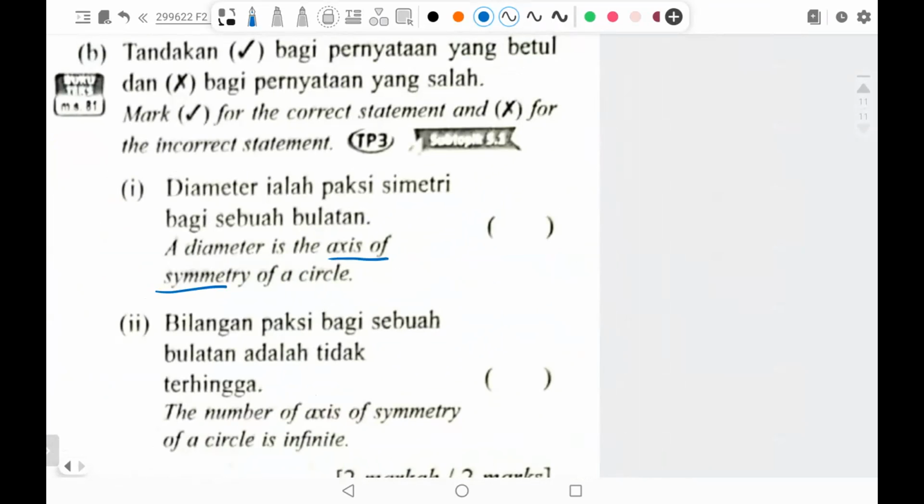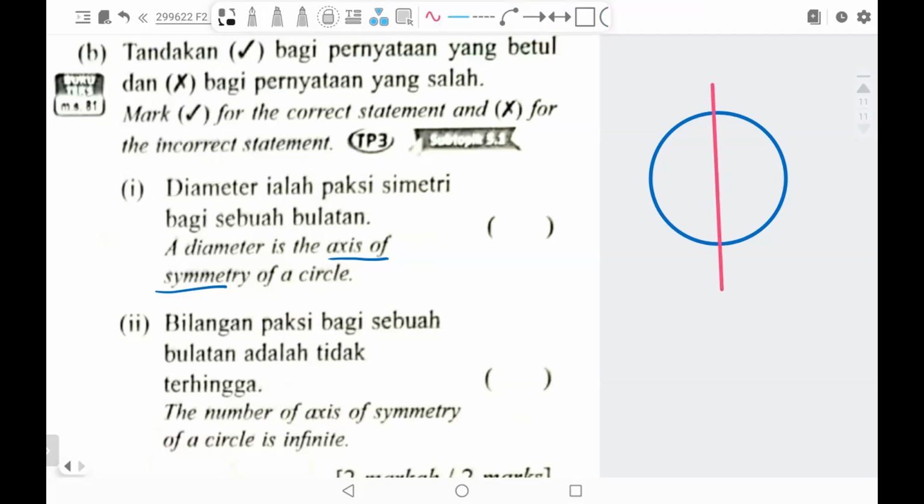Yes or no? Yes, okay. Answer is yes. Diameter is the axis of symmetry.